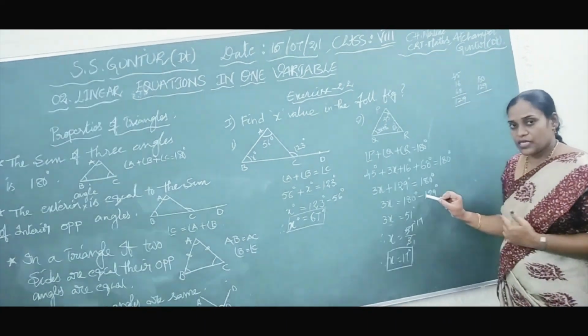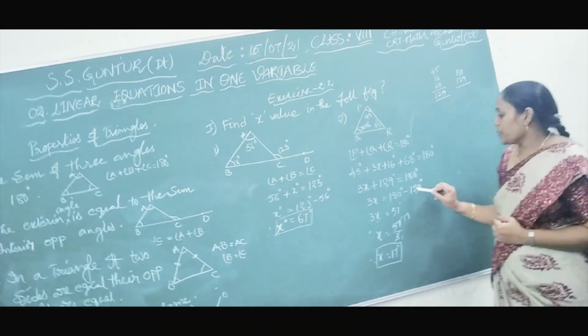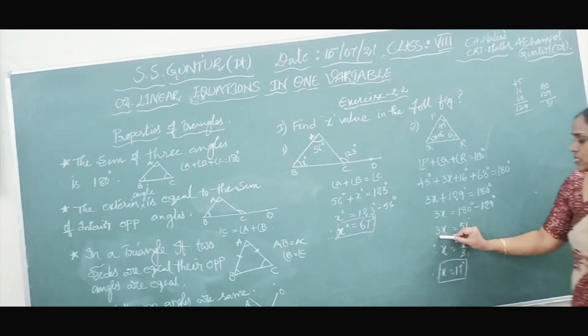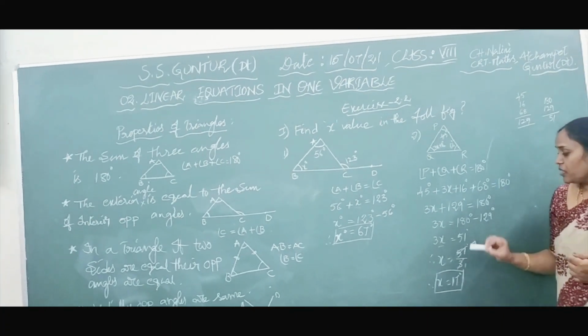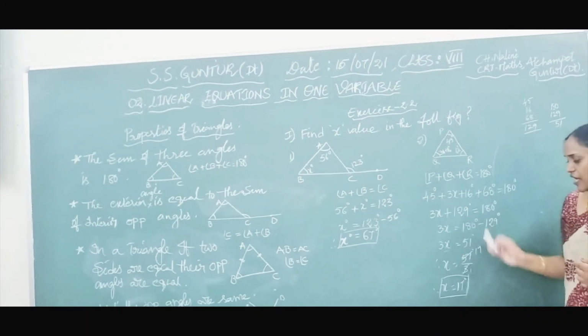Now x is equal to 51 by 3, since multiplication transposes to division. In the 3 table, 3 times 17 is 51. Therefore x is equal to 17.